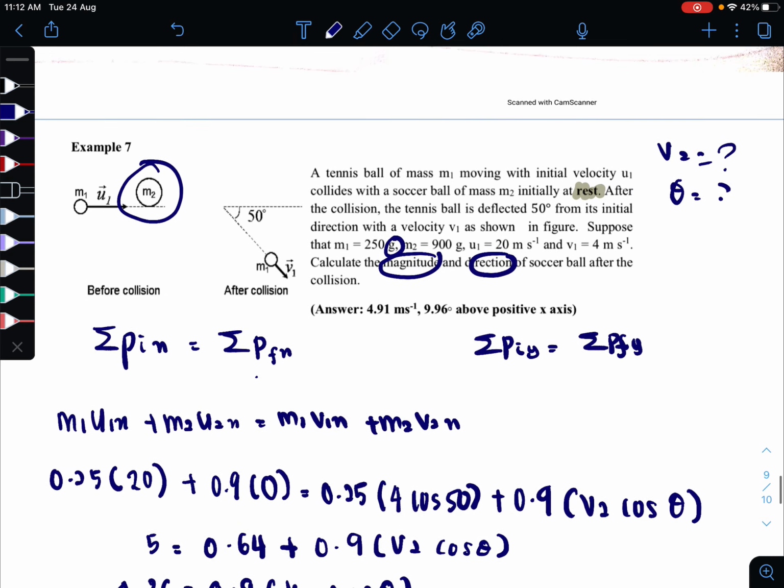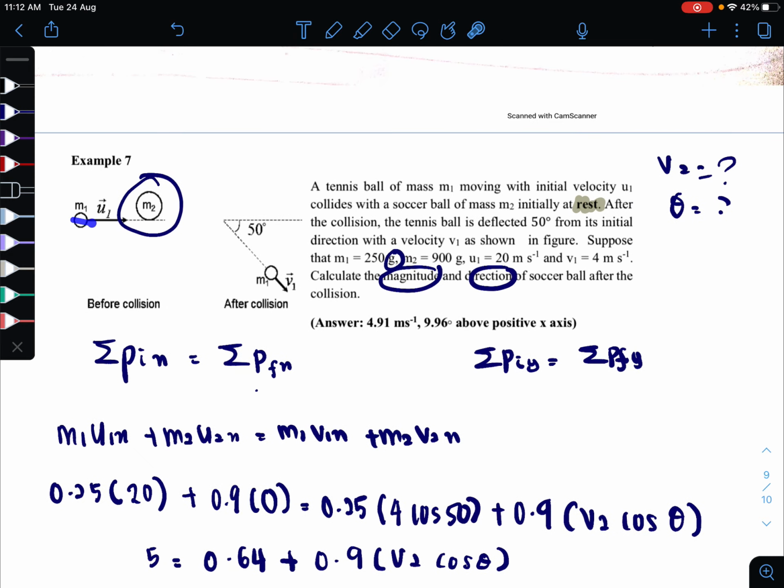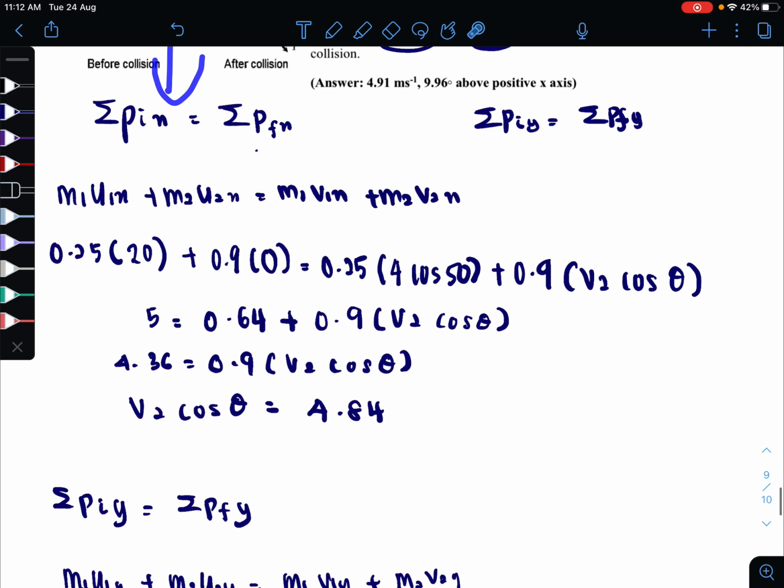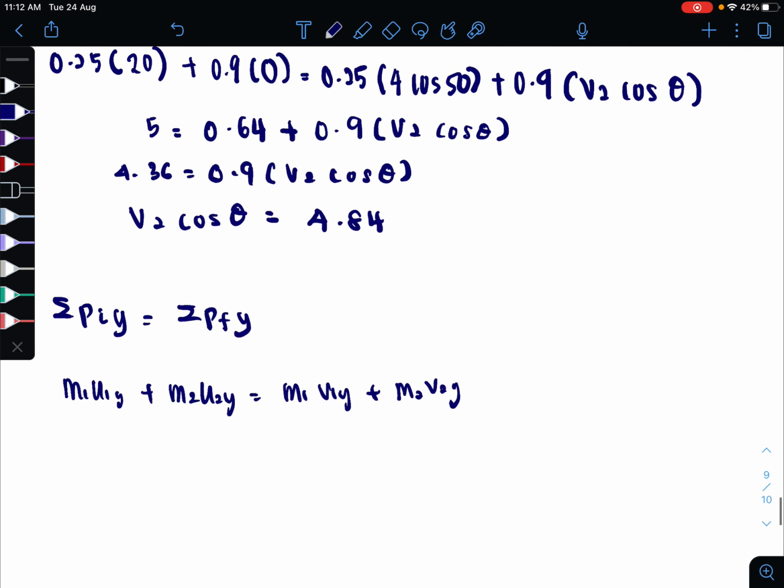However, U1 along Y component, your object initially were moving only along X sahaja. Along Y kita tak ada pergerakan. Maksudnya objek kita tak ada yang naik atas ataupun turun bawah. Therefore, this whole thing akan jadi kosong sebab no velocity along Y. My bad, no velocity along Y axis.